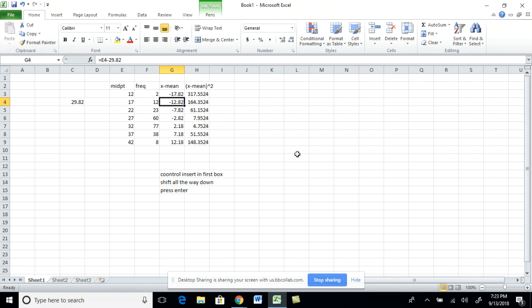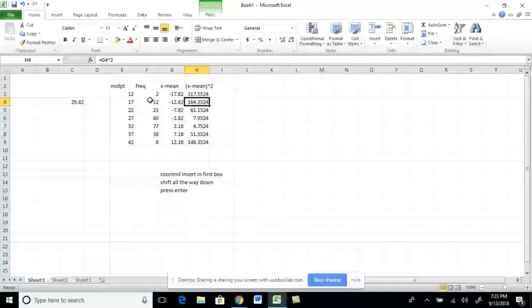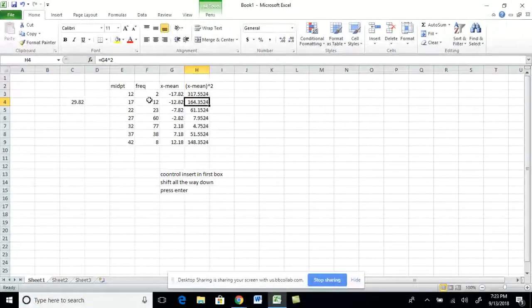Okay, the next thing you're going to do is ask how many of those you have. Like this number right in the fourth column, how many of those do you have? Well, you have to go back to your frequency. You have 2 of those numbers. The second one, you have 12 of those.